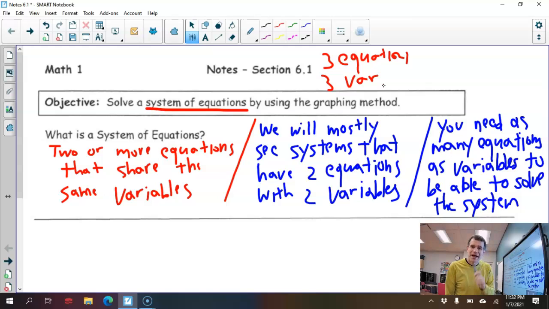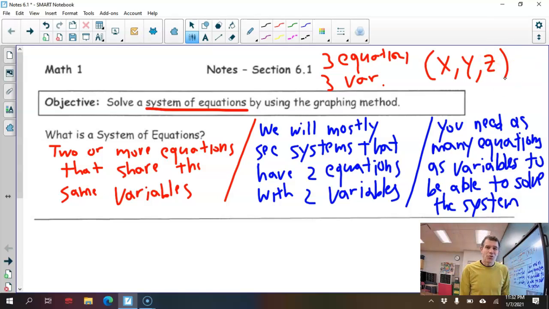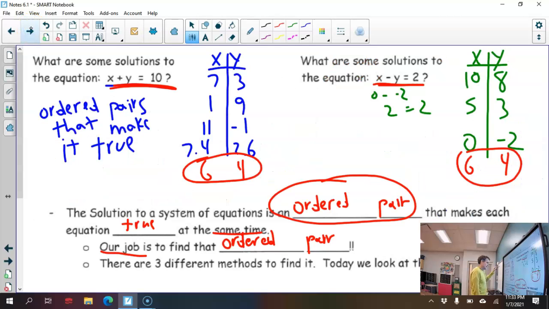Your answer then would not be an ordered pair. Your answer then would actually be what we call an ordered triple. I mean, the bottom line is you need a value for each variable that makes all the equations work at the same time, right?